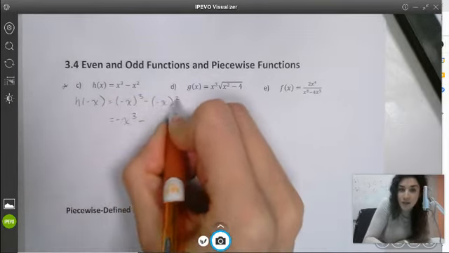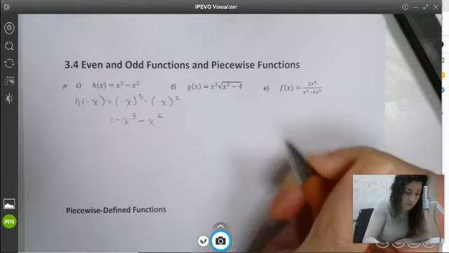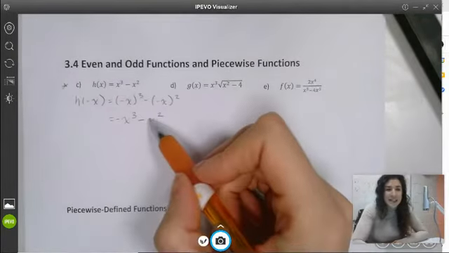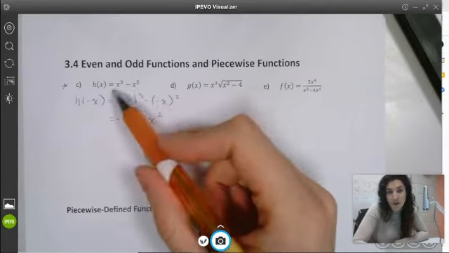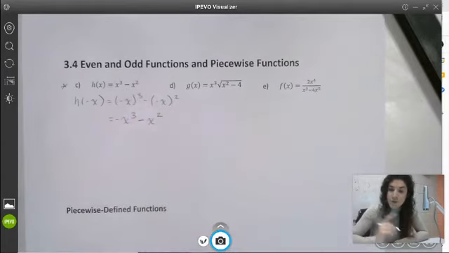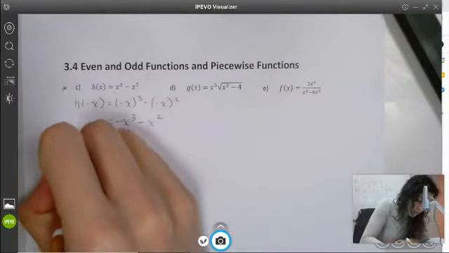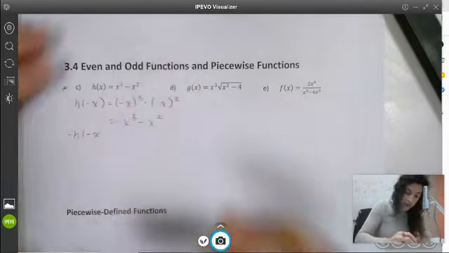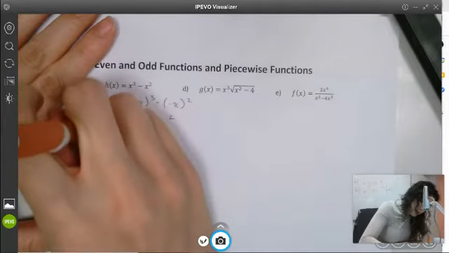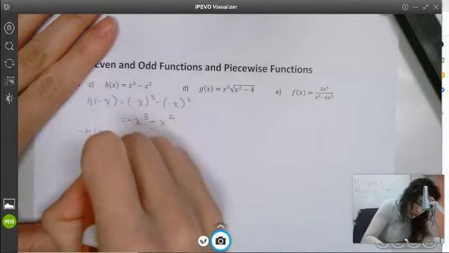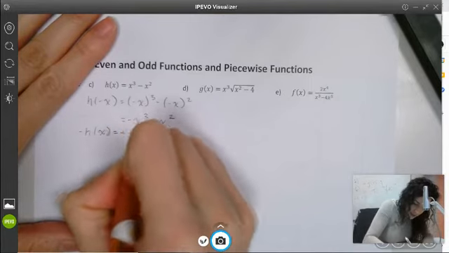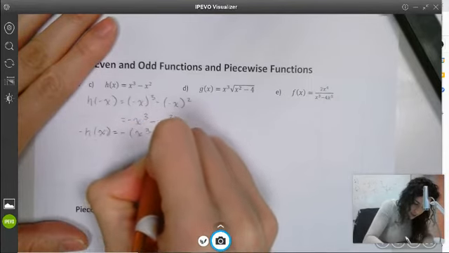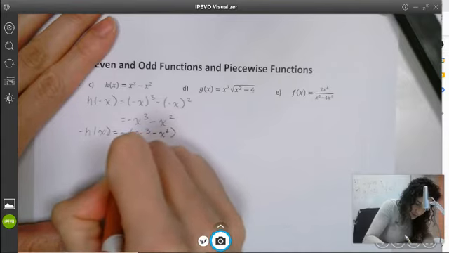And then this negative 1 here with the squared is going to cancel out, and it's just left with negative x squared. It's not the same as my original function because we have a negative in front of the x cubed. So my next step to show is like, maybe it's equal to negative h of x, which means that we're just distributing a negative into my original function.